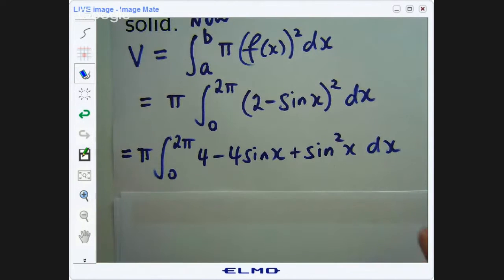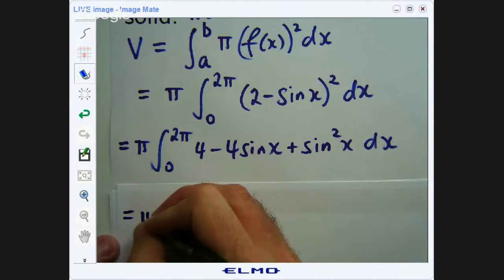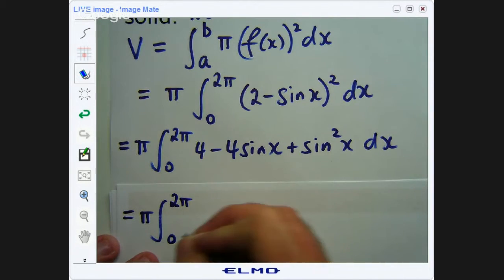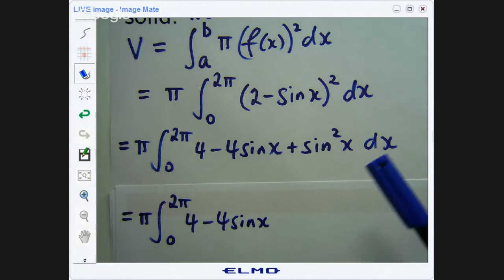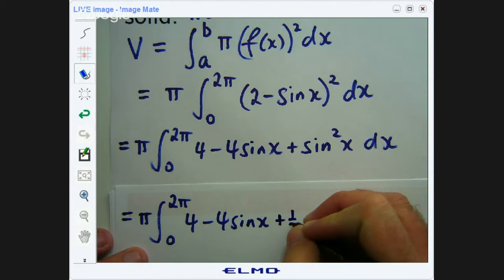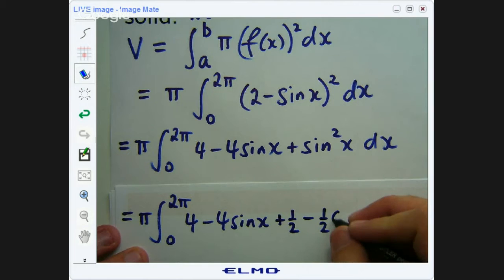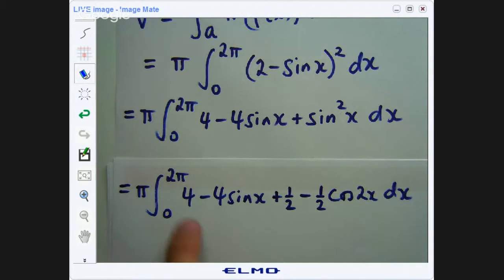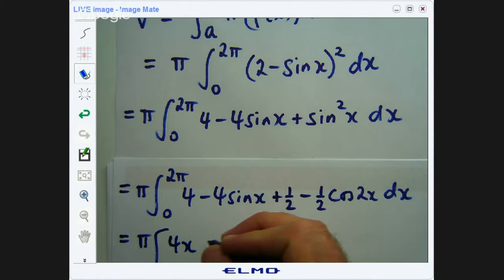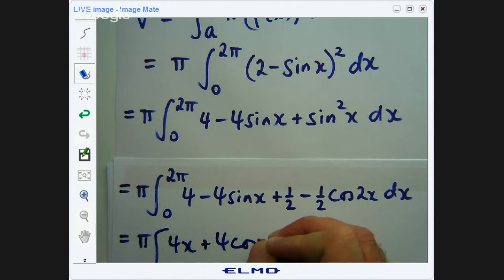With sine squared x, we might move to a double angle formula there. So let me just write that out. Now we know that sine squared x is equal to the following. Okay, I've just squeezed that in. If we do these integrations separately, we're going to get 4x there, and positive 4 cosine x. Really, the integration there is not necessary because you know the integral of that is going to give you 0.